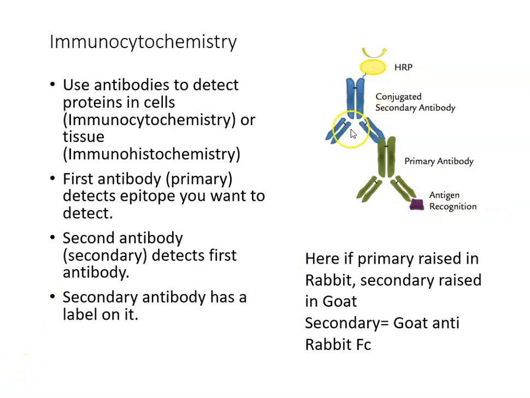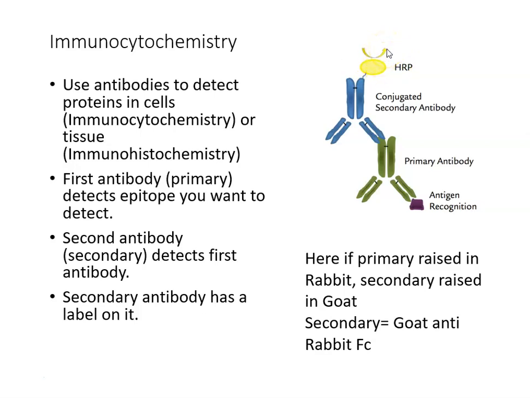Now, the secondary antibodies tend to be conjugated with a detection system. And in this case, it's horseradish peroxidase. And the horseradish peroxidase is an enzyme that can be tagged onto antibodies, and that will turn a substrate, in this case, a substrate called DAB, and it will turn it from a colourless to a dark brown or black colour.